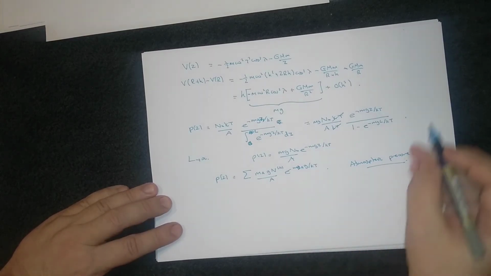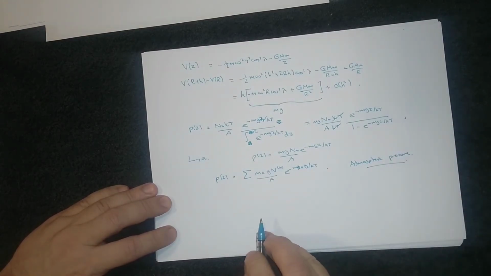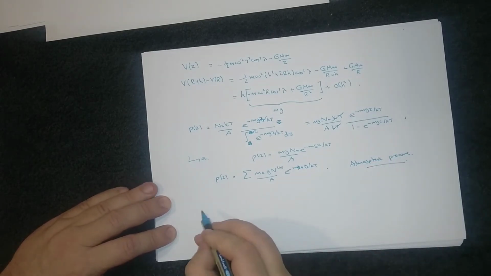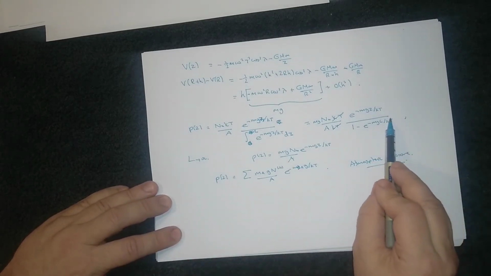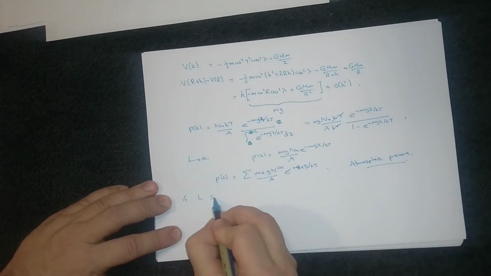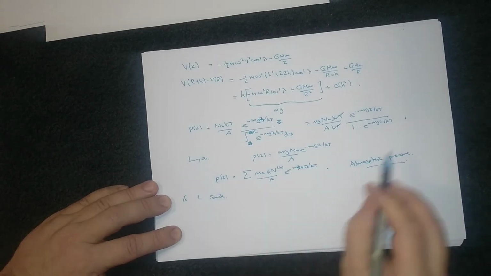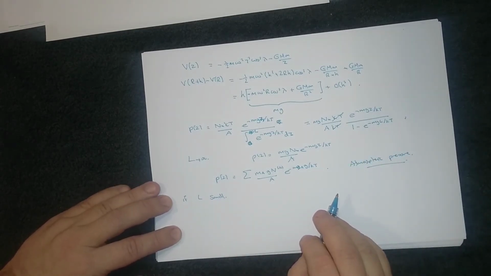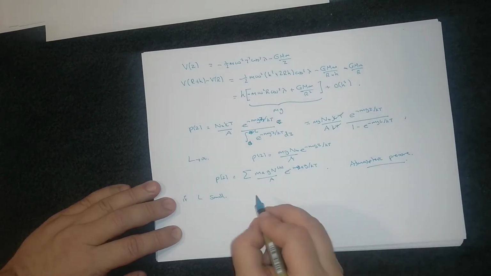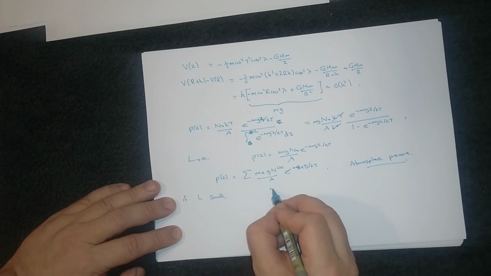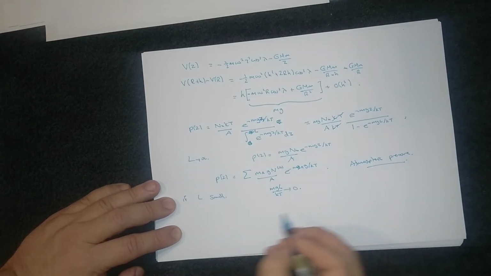Now another thing we can do with this formula is see what happens if L is small, so we're considering, say, a sealed container containing a gas, in which case I can replace the exponential by the first terms of its series. So I'm looking at the limit mgL over kT goes to 0.